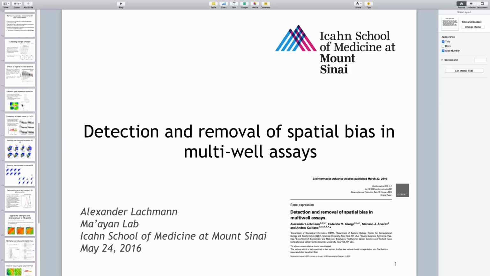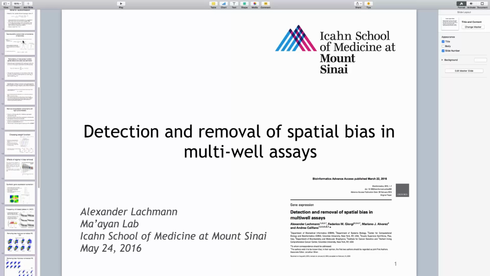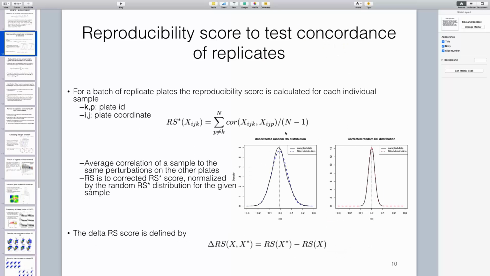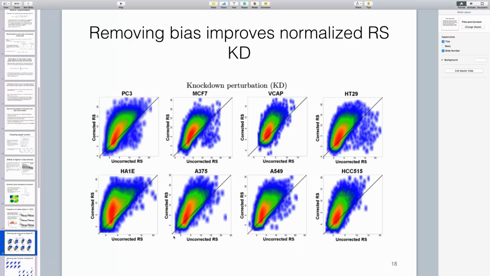Right, so let me show. Okay, here, this RS star, the reproducibility score, if it's uncorrected, is a value of -1 to 1. All the other times I showed the reproducibility score, it was the corrected reproducibility score. So the values range from something negative to something positive.